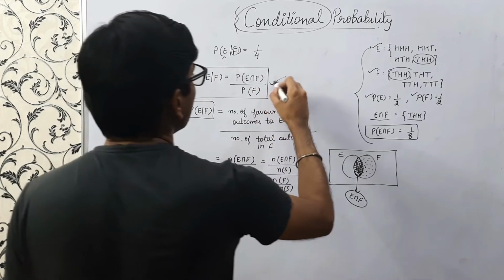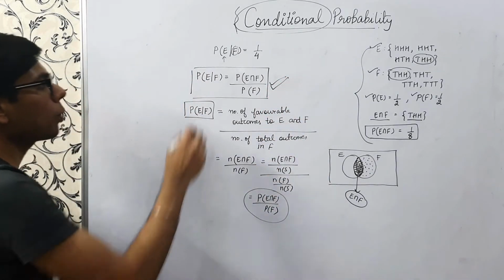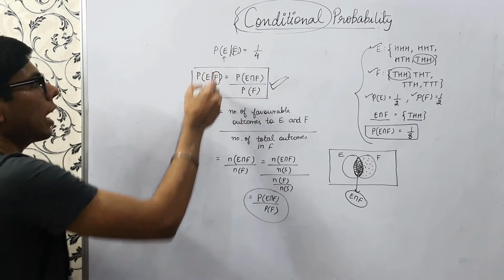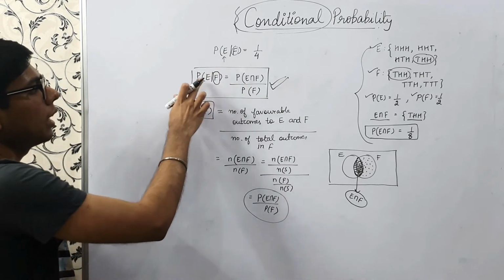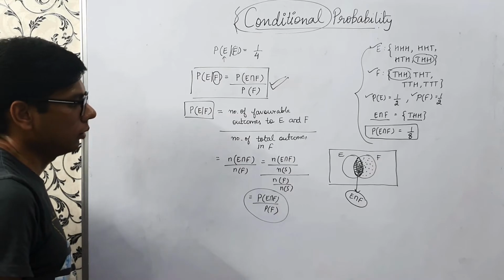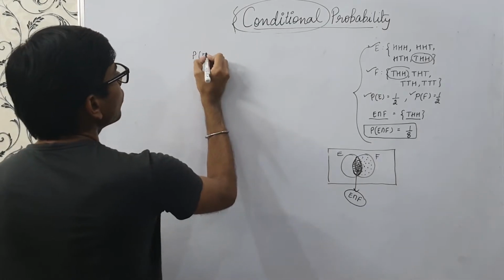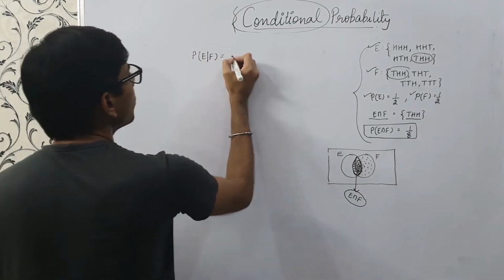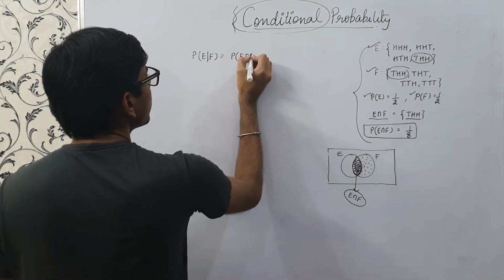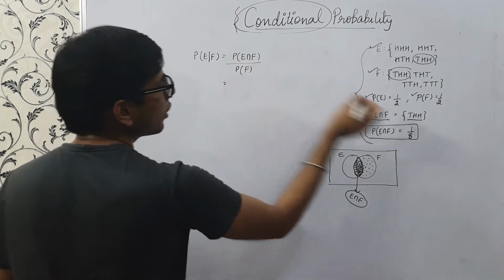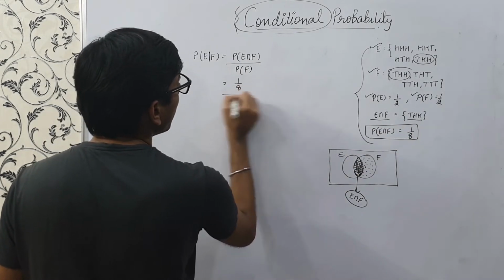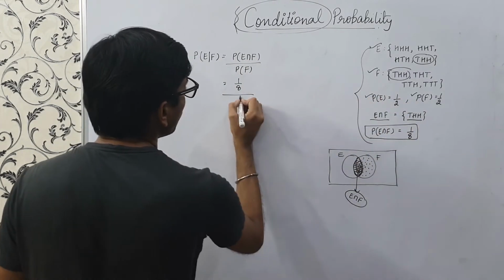So this is the conditional probability. Given that event F has already occurred, what is the probability that event E occurs? In this case, probability of E given F would be probability of E intersection F upon probability of F. Probability of E intersection F is 1 by 8, and probability of F was 1 by 2.